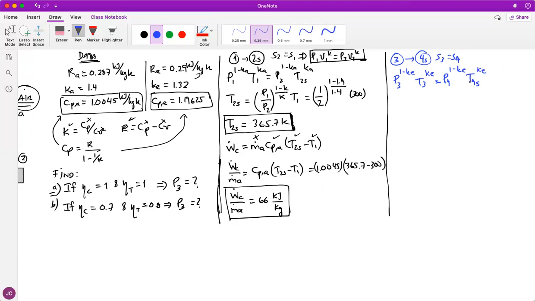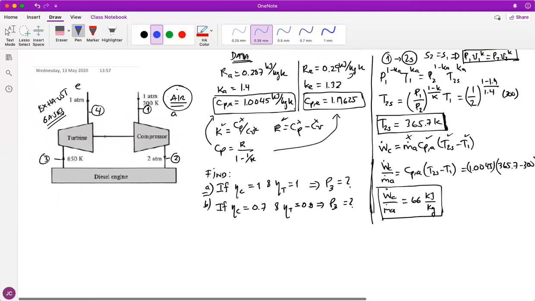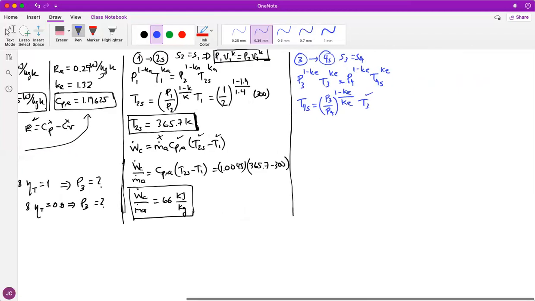Now, let me try to put in explicit form the T4S, which is going to be equal to P3 divided by P4, to the power of 1 minus k divided by k, times T3, okay? So you have T3. Yeah, let me just check it. Yeah, I have T3 over here. So that's data. Then what? k, I already have it, so easy peasy.